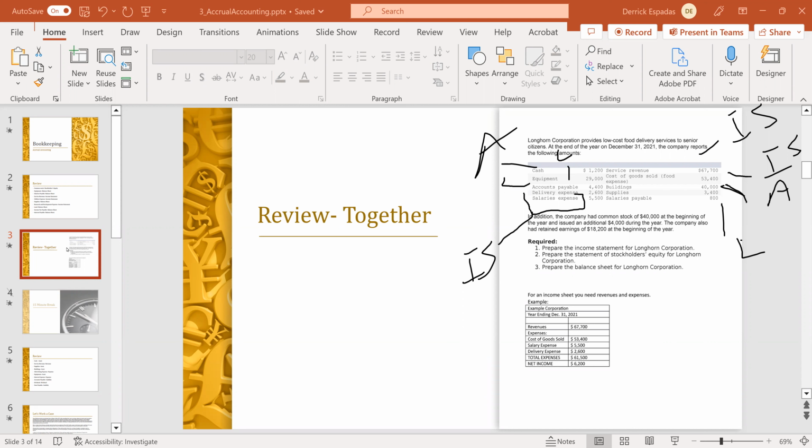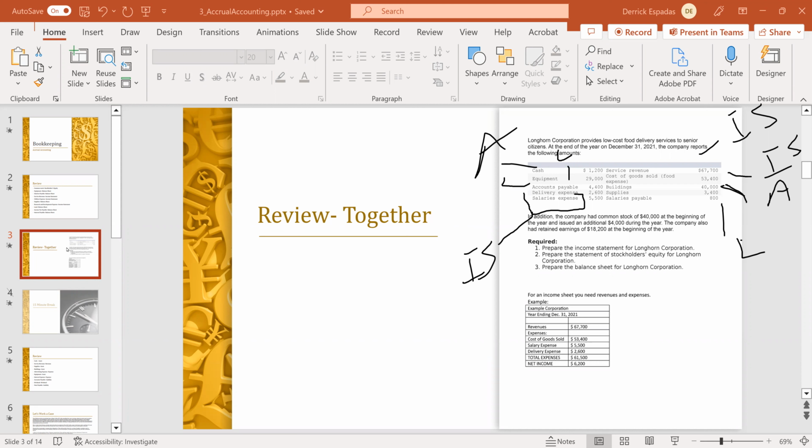So what we're going to do is, like I said, I just want you to get this moving. I don't necessarily need you to start doing those in good form yet. This is just so you can get your idea. If we look at the bottom here, there's the example of our income statement.